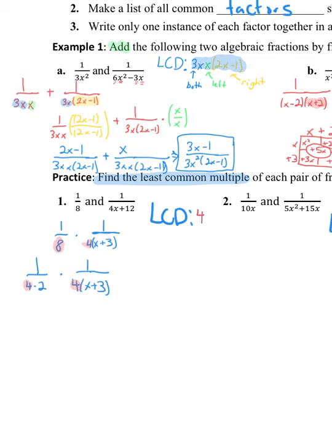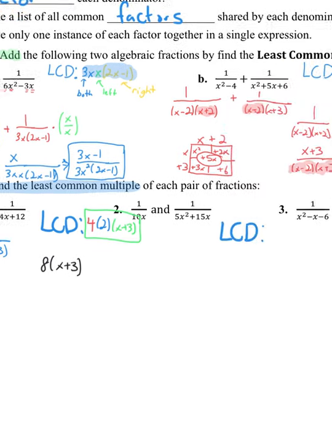So I could say, hey, there's a 4 on both sides, and then there's a 2 on the left side, and then there's an x plus 3 on the right side. That's how I'd find my least common denominator, and that's all I'm asking you guys to do right now. So 4 times 2 times x plus 3, or 8 times x plus 3, would be your least common denominator if we wanted to combine the 4 and the 2. That's the idea for these practice problems.